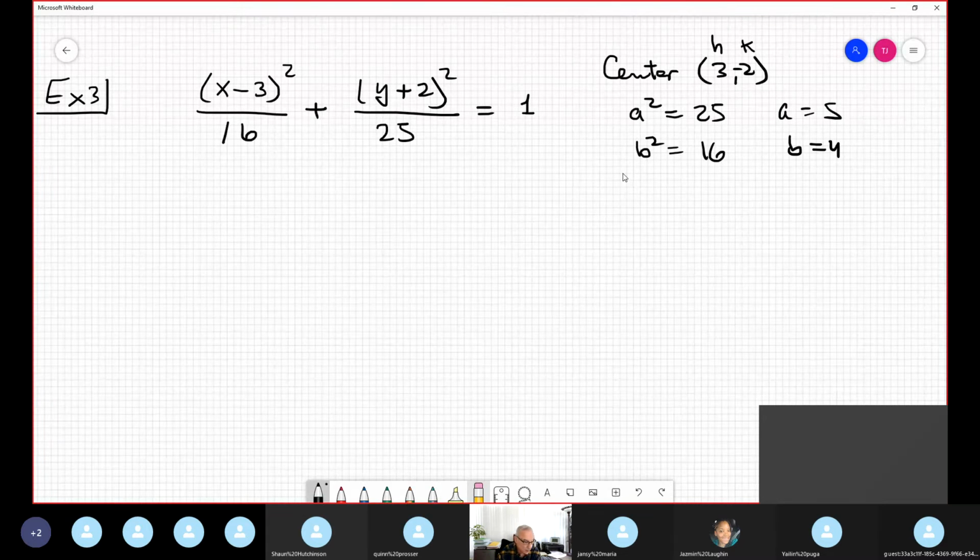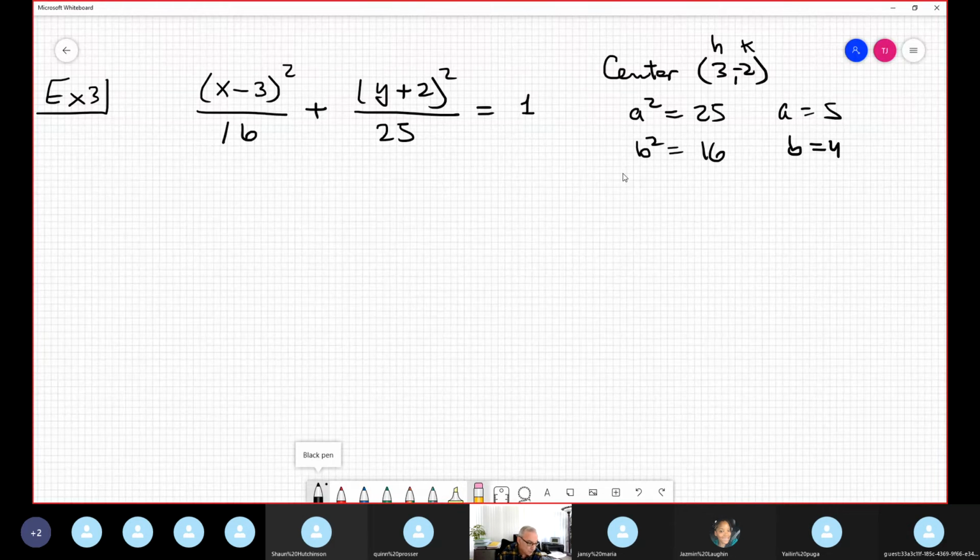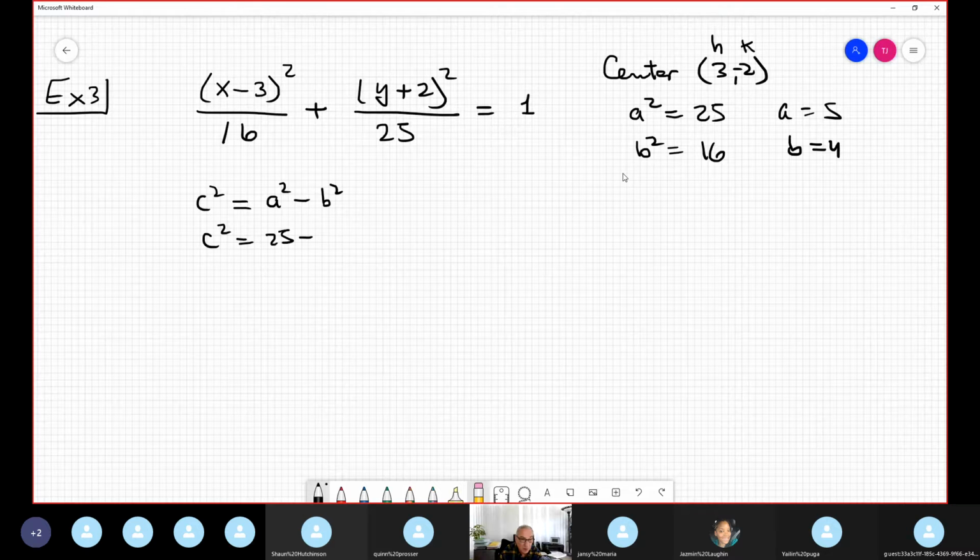Okay. Now, I need to determine c. Okay, c, remember c squared is equal to a squared minus b squared. C squared is equal to a squared is 25 minus 16 is 9. Therefore, c is 3. Now the focal distance is c.